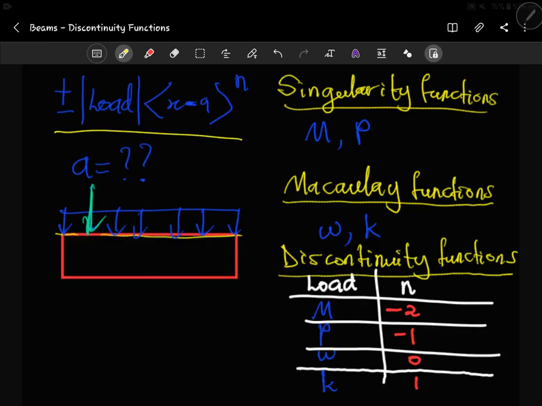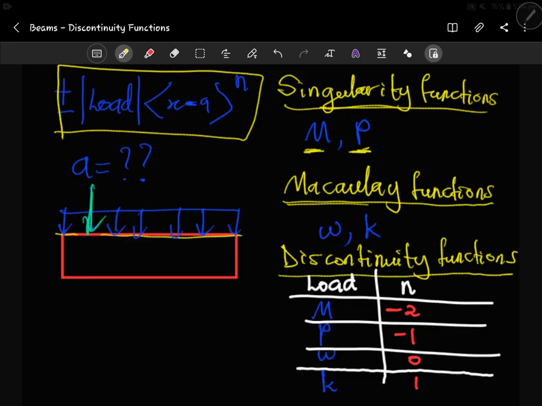So what we have right here is the basic unit of what we call the discontinuity function. Before we come to that, let's talk about the singularity and then the Macaulay. The singularity is basically representing the concentrated moment and the concentrated loads.